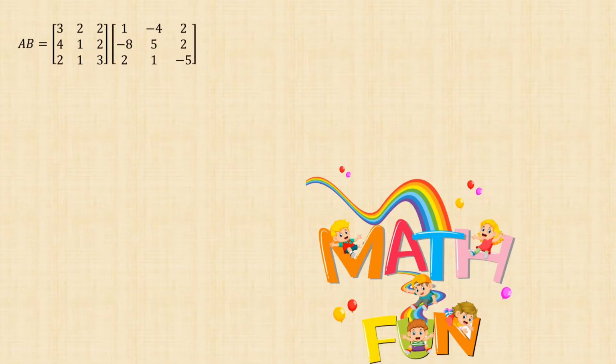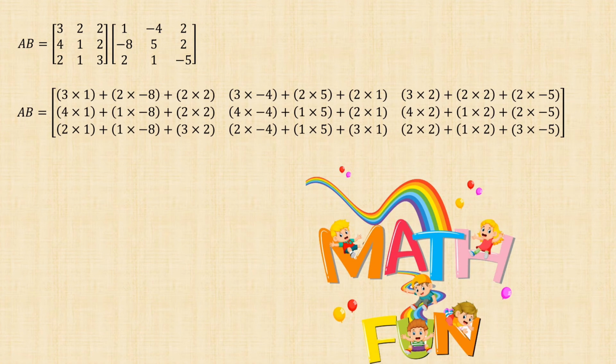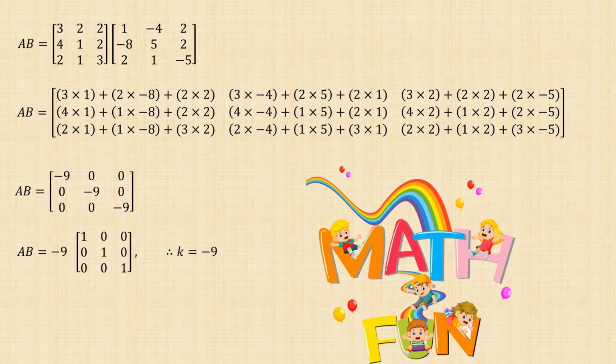So next, firstly, we need to find AB. So we write it down first. Then we multiply the matrices as shown. Be careful not to make any mistake, especially with the negative sign, since it could affect the whole answer. Okay, next, we got this matrix after multiplying it. We can factorize this matrix, and AB is equal to negative 9 times the identity matrix.